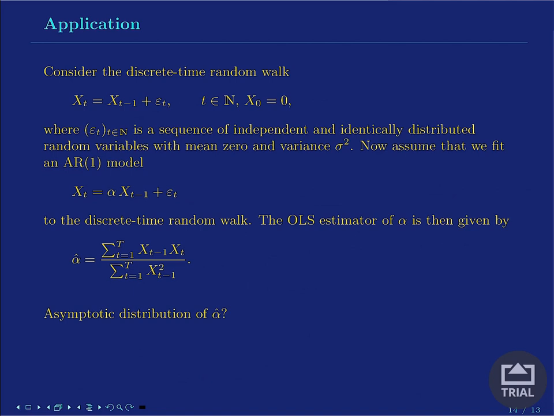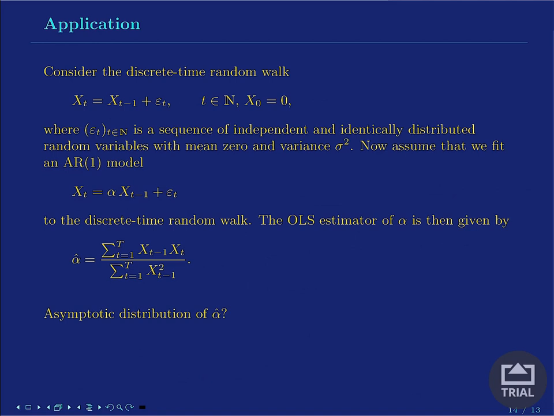Now if we have data on this process, we might actually fit an AR1 model to the data, and then we could test whether alpha equals 1 or not in order to find out whether we actually have a random walk or a stationary process.